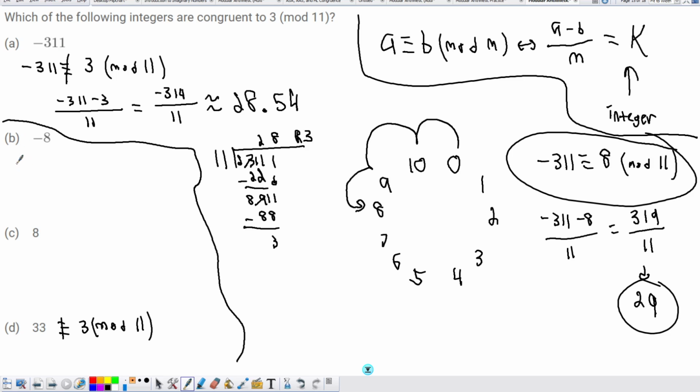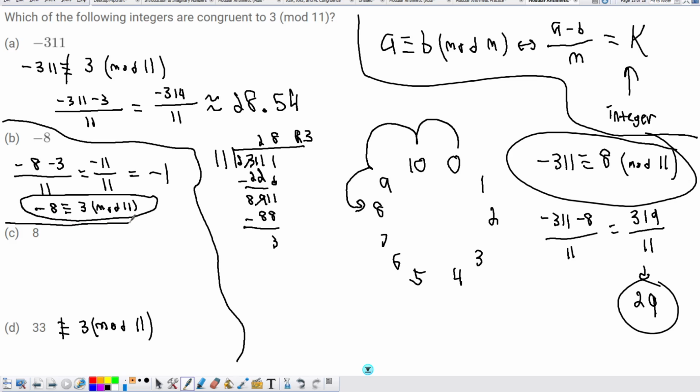For B, we would have to do negative 8 minus 3 over 11. Negative 8 minus 3 is negative 11, over 11, which is negative 1. So yes, it is true: negative 8 is congruent to 3 mod 11. Now what about positive 8?